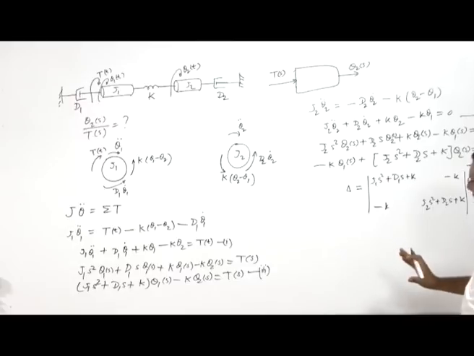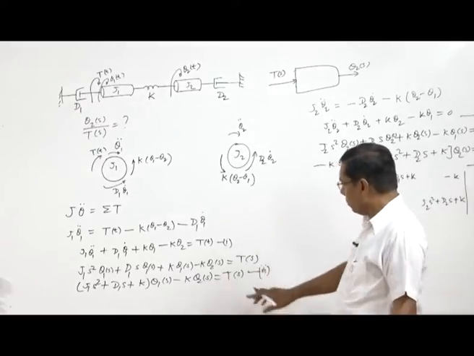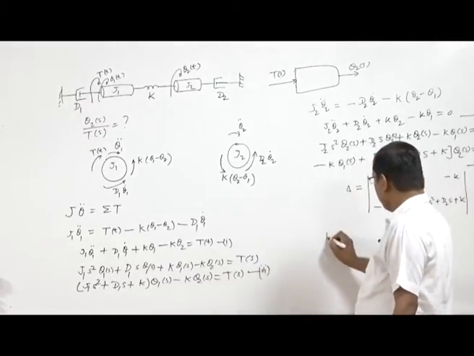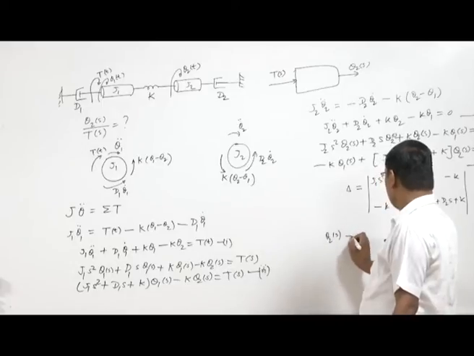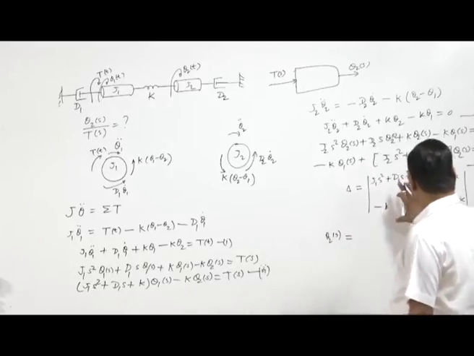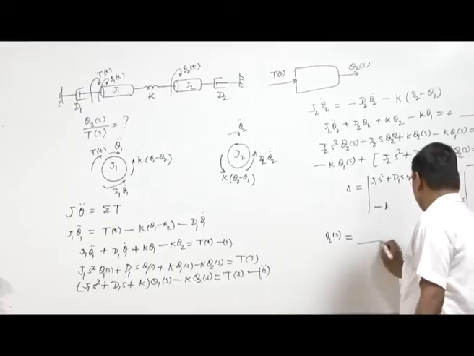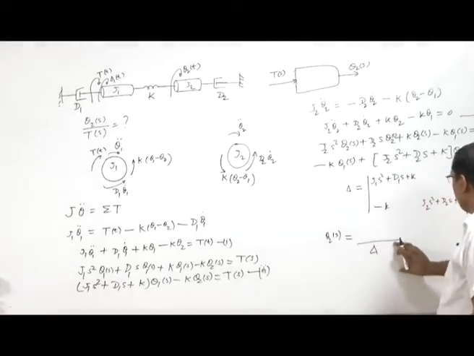Now we have to find theta 2 s. So theta 2 s equals this, with delta in the denominator.